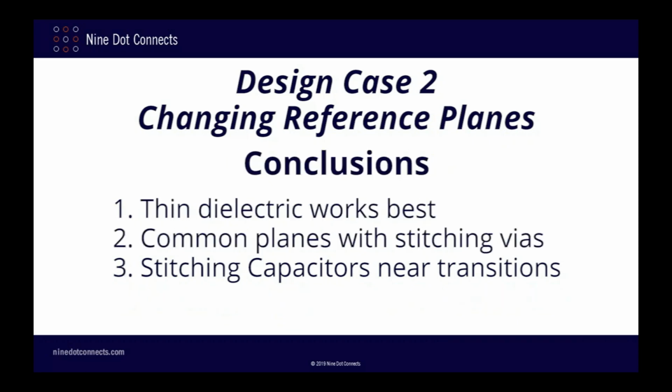Based on the results of my thin dielectric example, I reached the somewhat startling conclusion that it is better to have a thin dielectric between your reference planes than it is to have the direct coupling between them and have them be widely spaced. And coming in last place is the use of a stitching capacitor to provide an AC current path near the transition via.